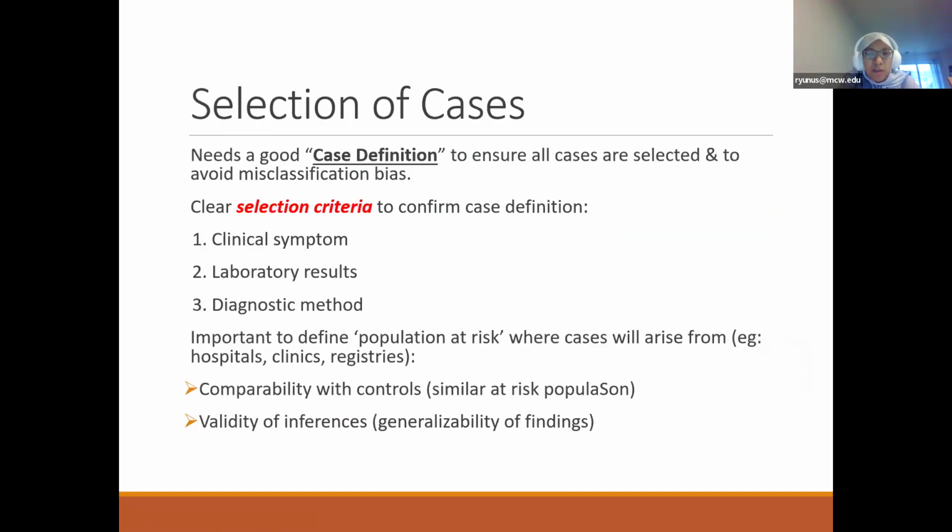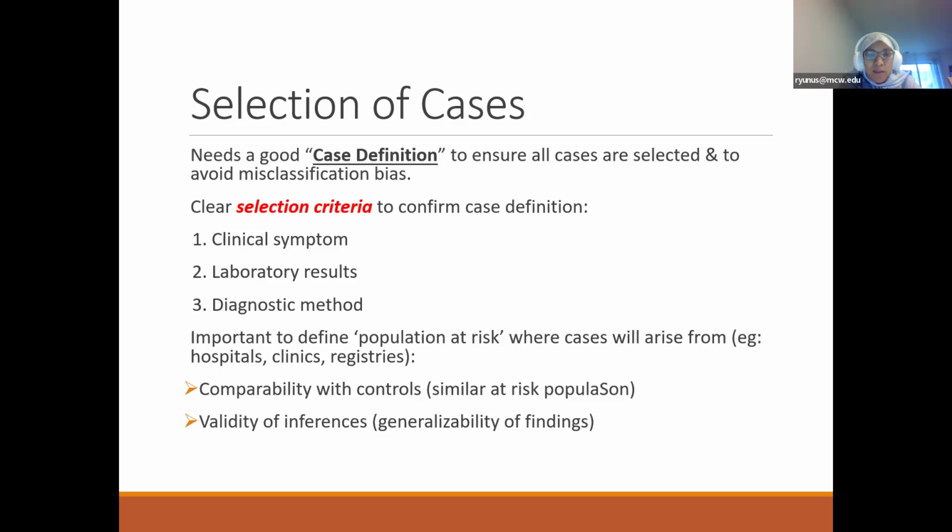Now, selection of cases. When you talk about case control study, there are two aspects which are really important. Number one is the selection of cases, and number two is the selection of control. So in other words, you have to be very careful when you select who your cases are, and again, you have to be very careful when you select your control. Let's see why I said that.